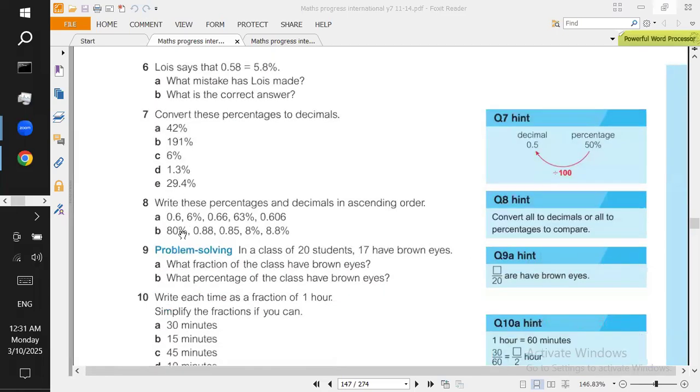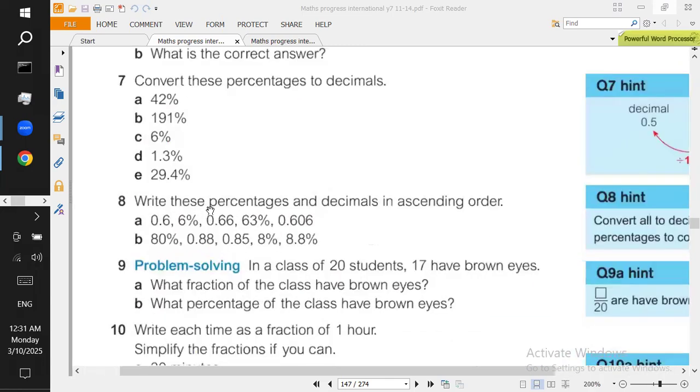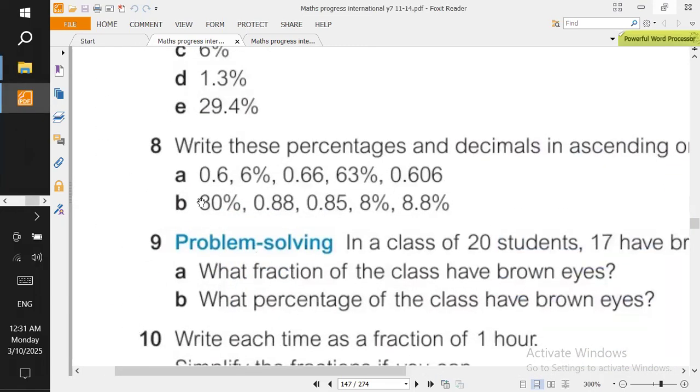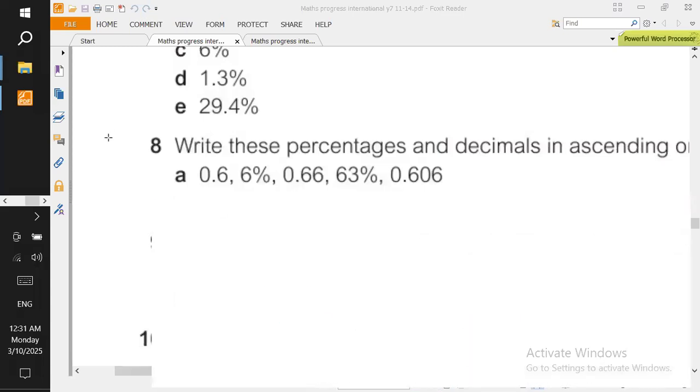Now let's see, write these in ascending order, percentages and decimals. So first you have to make them the same. You can't order them without making them the same. Let's do one of them. Let's cover this. Let's turn them all to percentages. This one is 6 over 10. It means 60%. As we said, we multiply by 100 to get the percentage.